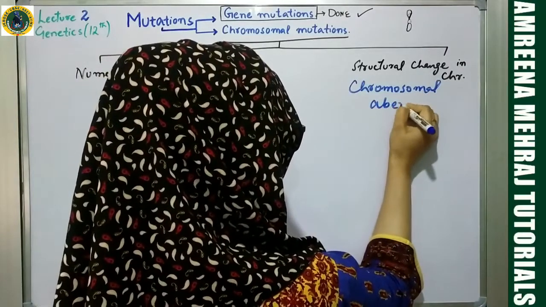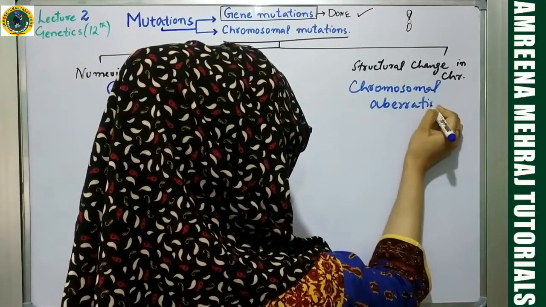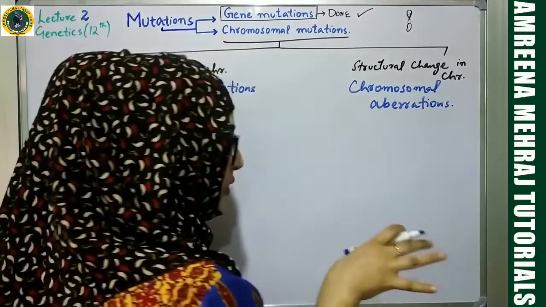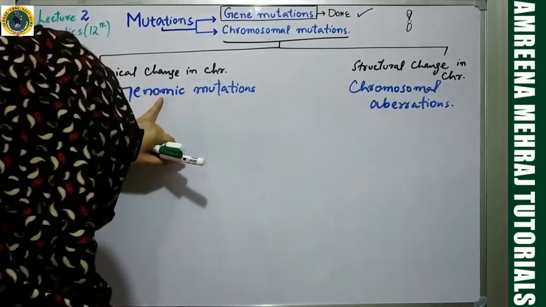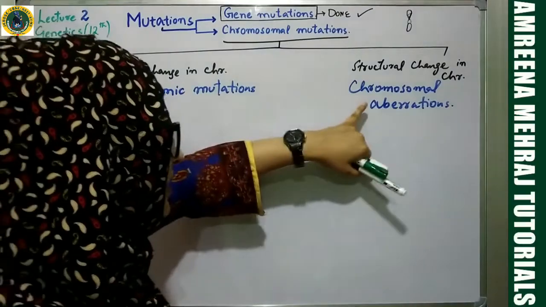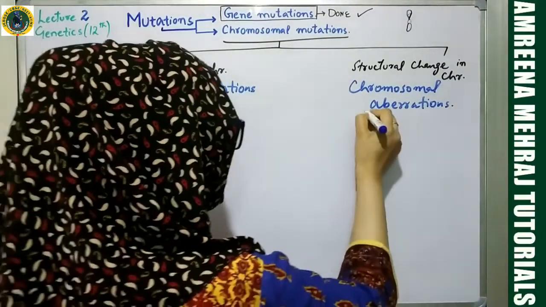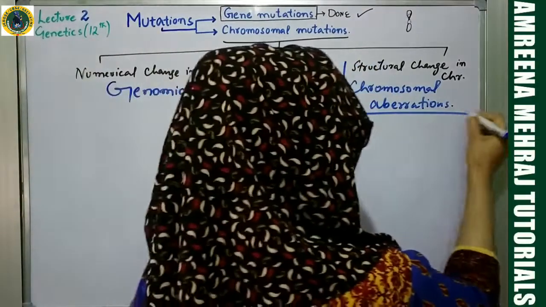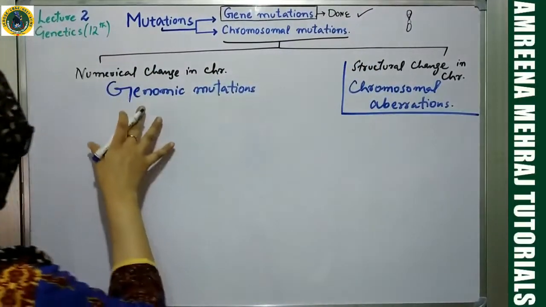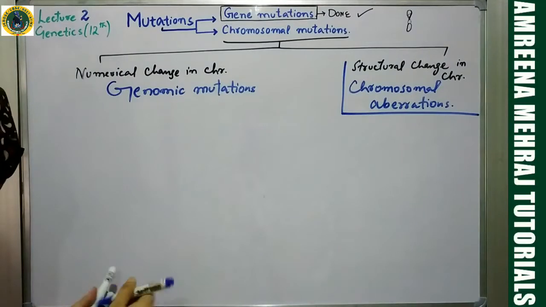So whenever you have some change happening to the number of chromosomes, it's called genomic mutation. Whenever you have some change happening to the structure of the chromosome, you call it chromosomal aberrations. We'll be taking this entirely in the next lecture. Let's remain focused on the numerical change in chromosomes.